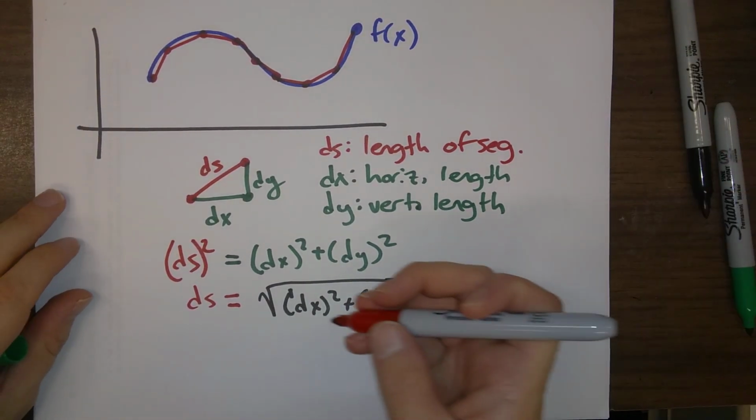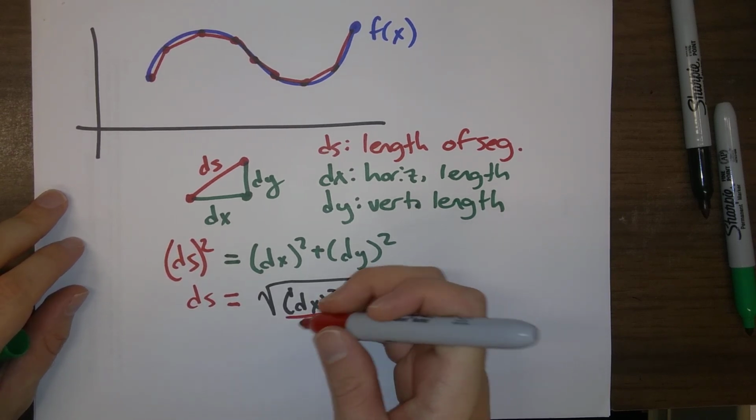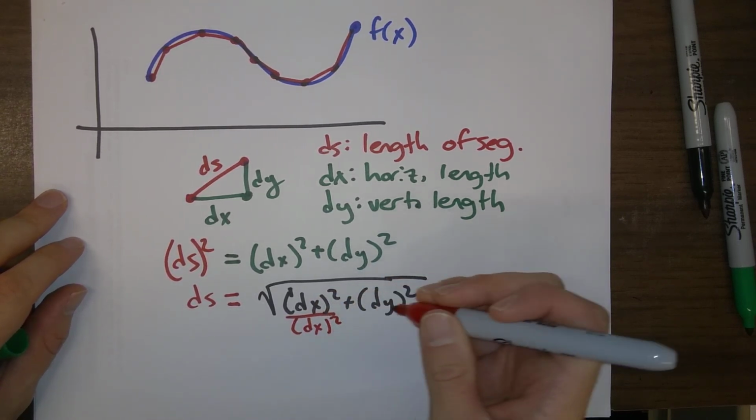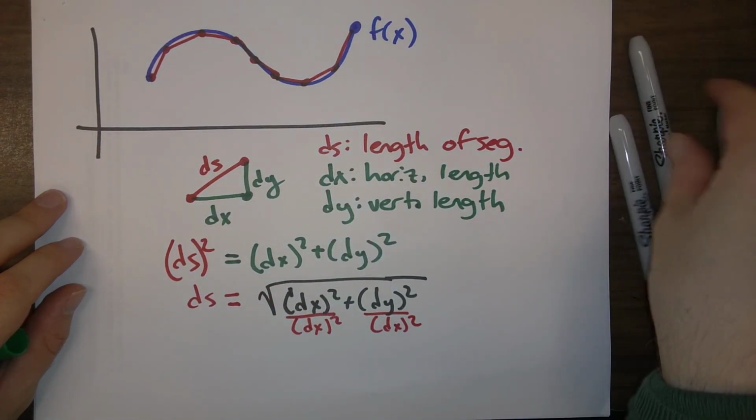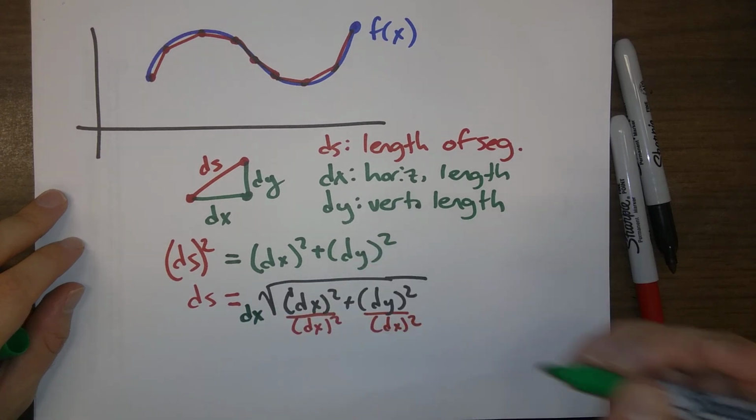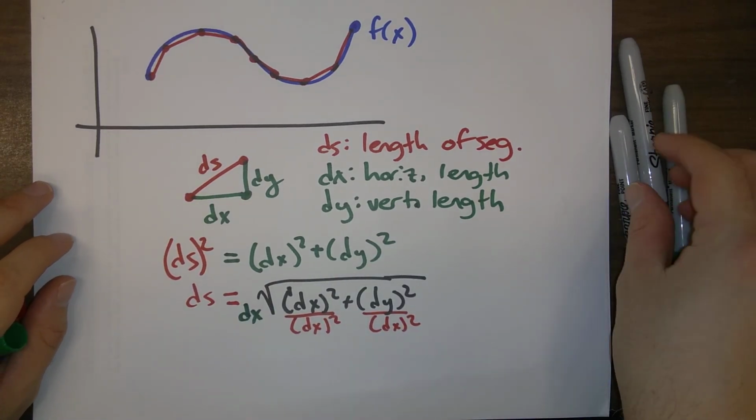And now let's divide under the square root. Let's divide both of these by dx squared and move out a factor of dx outside our square root.